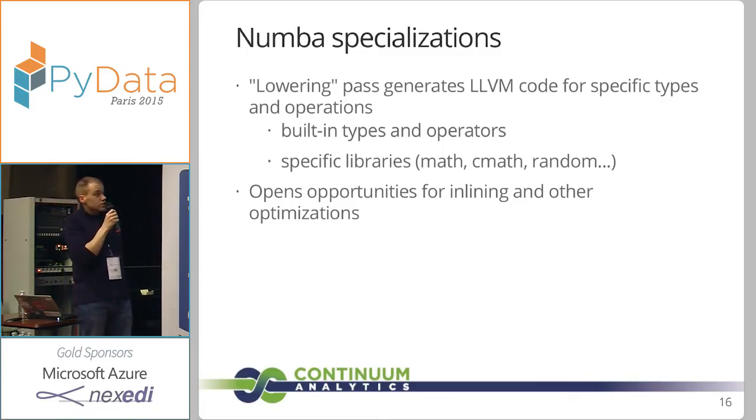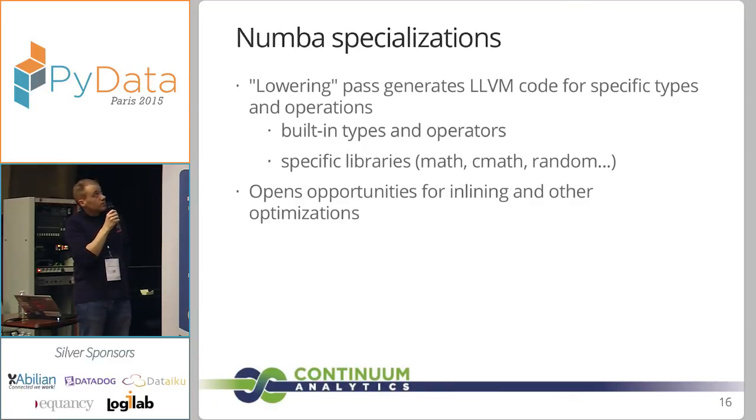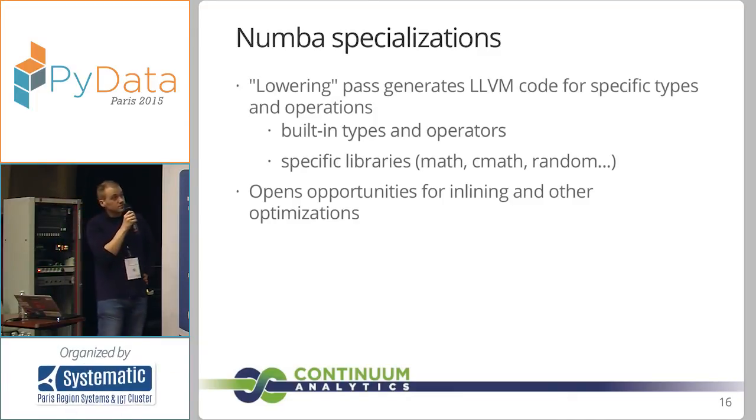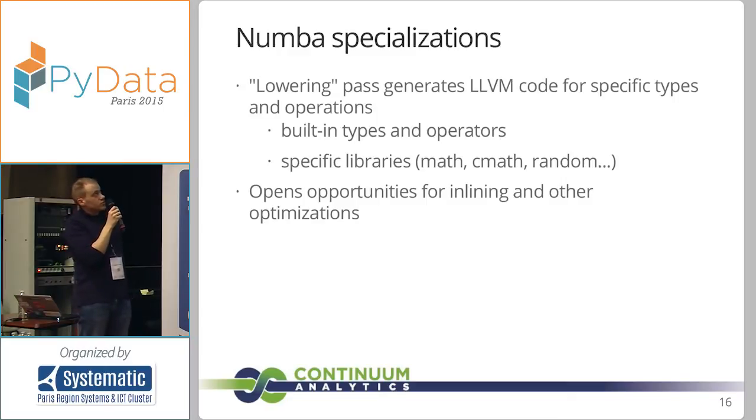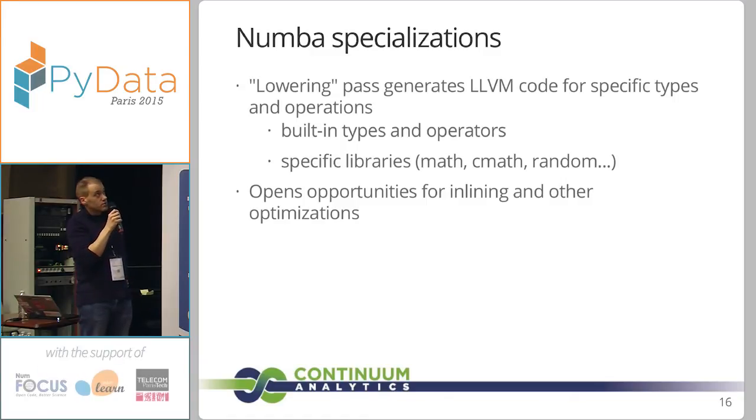So Numba specializations. If you look at that drawing, the lowering part really looks like a small part like the other ones, but it's really the one that takes the most code roughly, because lowering means we are able to generate specific code for each kind of operation. So we are able to emit code for example, integer addition, float addition, but for arbitrary kinds of complex code.